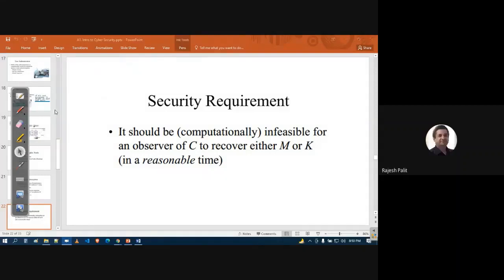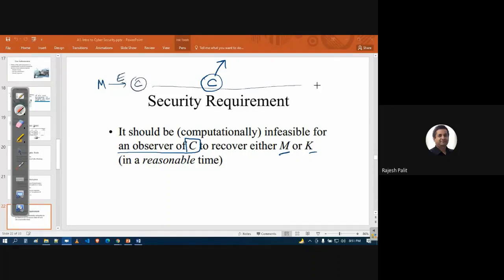Now, the security requirement for encryption and decryption is that it should be computationally infeasible for an observer or attacker of C to recover either M or K. The attacker will get a copy of C, because from M they have produced C through encryption.